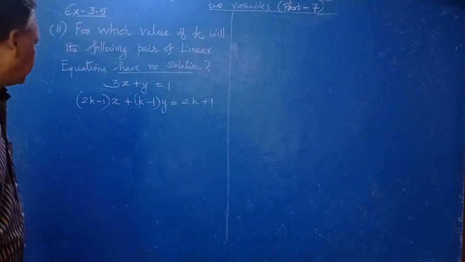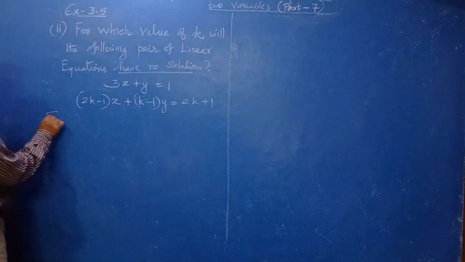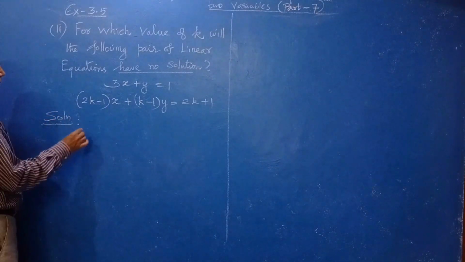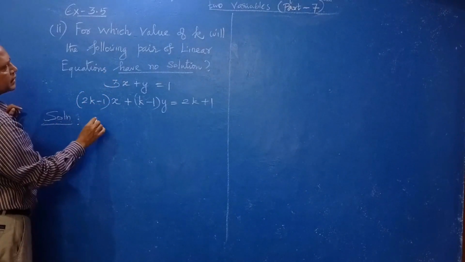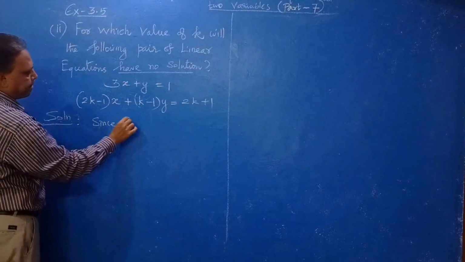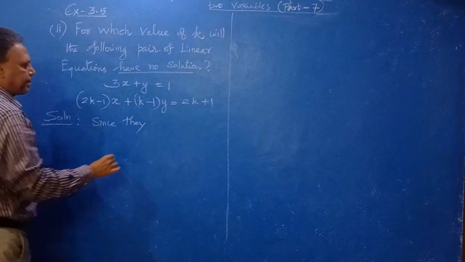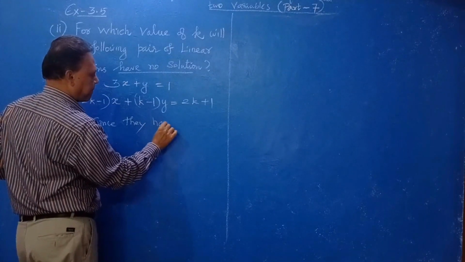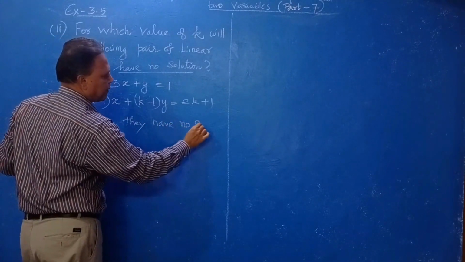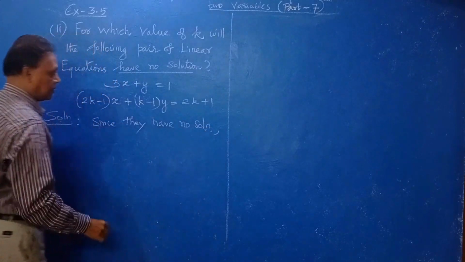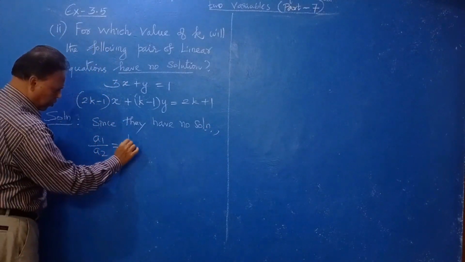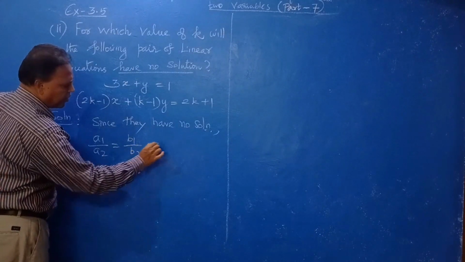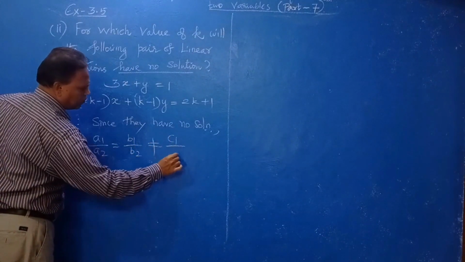Clear? You see, it is given that they have no solution. What is the condition? a1 by a2 equal to b1 by b2 not equal to c1 by c2.